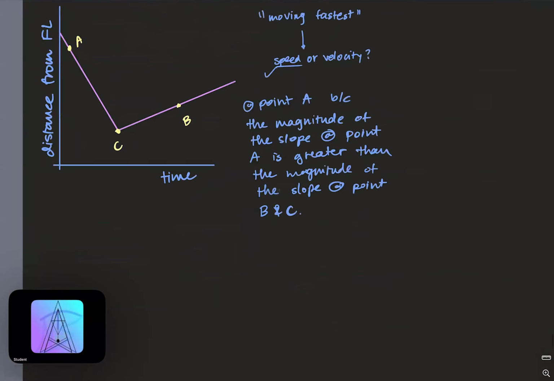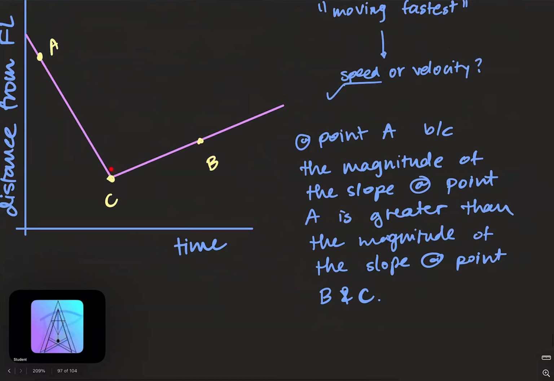Now, addressing your question about point C. What is going on at point C? This car is going towards the finish line and then suddenly goes away from the finish line. It's a sudden change because this is a corner.